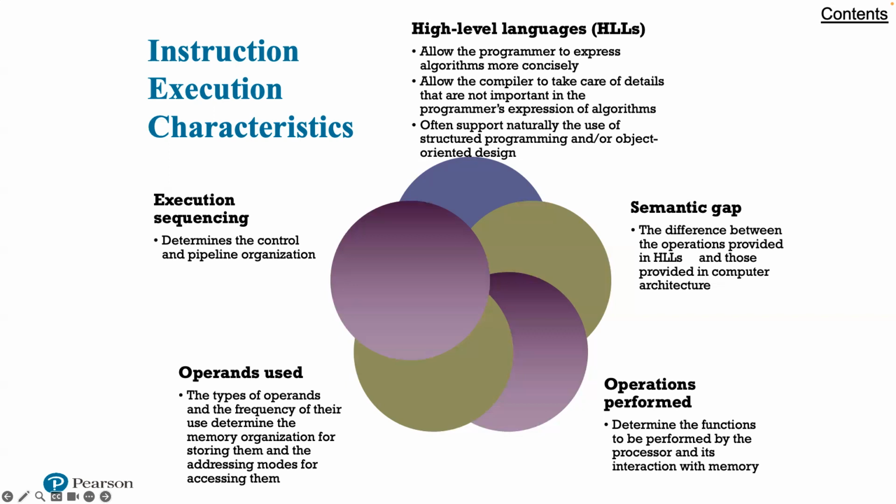Alas, the solution gave rise to a perceived problem known as the semantic gap: the differences between the operations provided in the high-level languages and those provided in computer architectures. Symptoms of this gap are alleged to include execution inefficiency, excessive machine program size, and compiler complexities. Designers responded with architectures intended to close this gap.